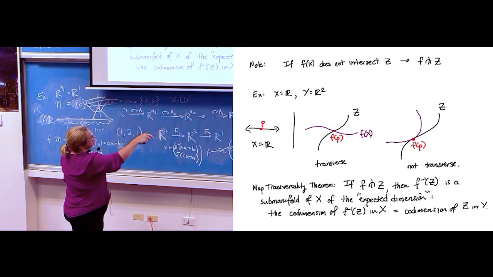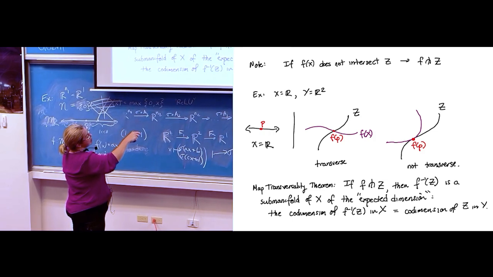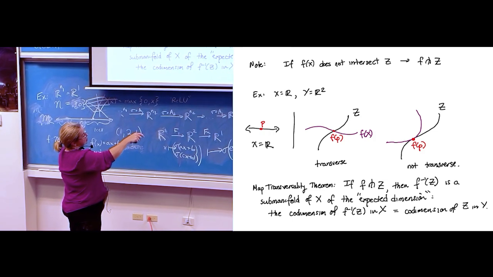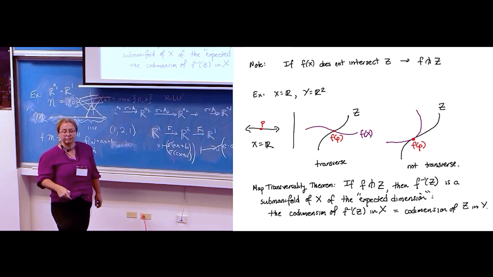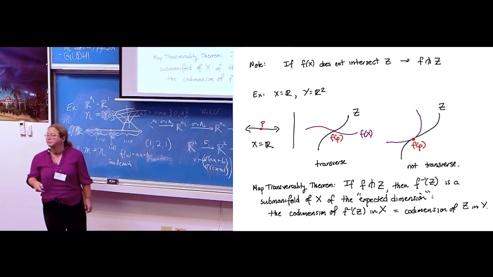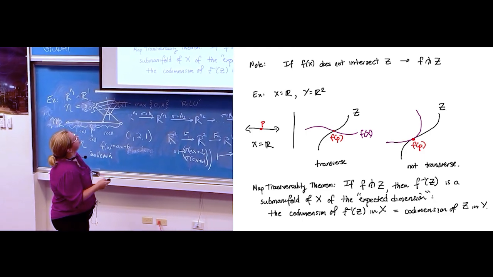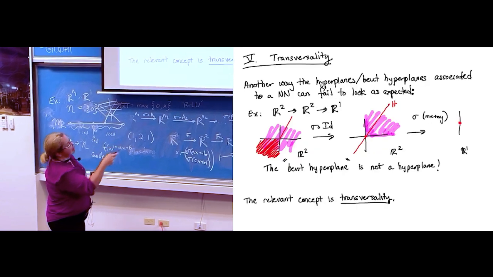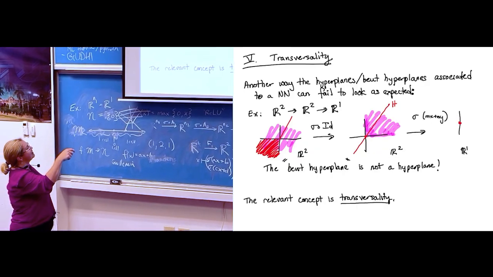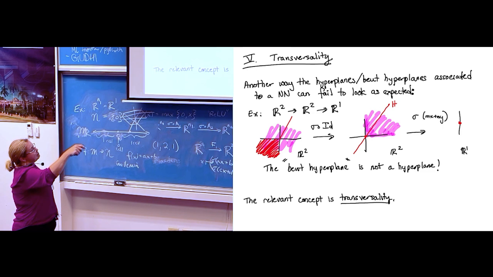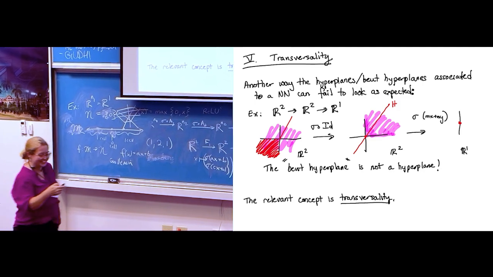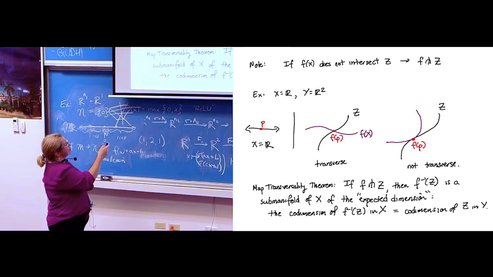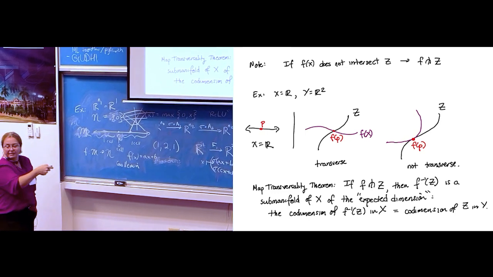And the way to say expected dimension is that the codimension of the preimage in your domain is equal to the codimension of Z in Y. Okay, so just to go back before we get too abstract, right? The problem here was that we pulled back this one-dimensional thing, a codimension one thing, and we got something of the wrong dimension. So that's kind of the situation that transversality says does not happen.